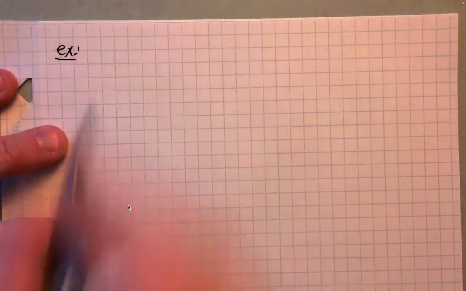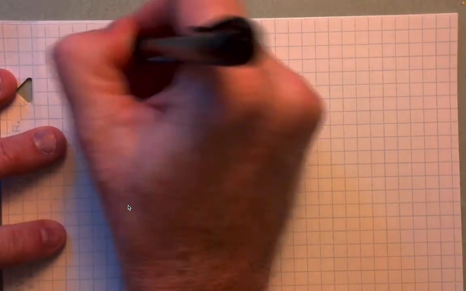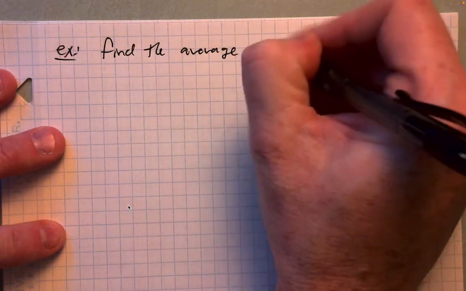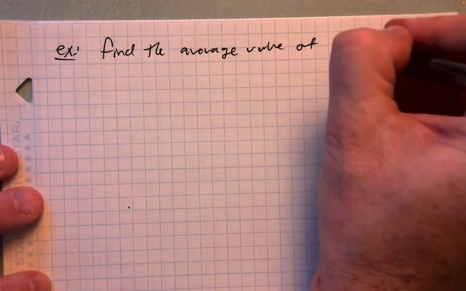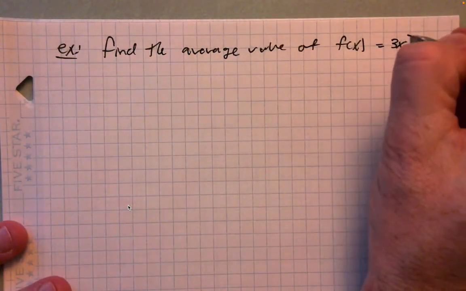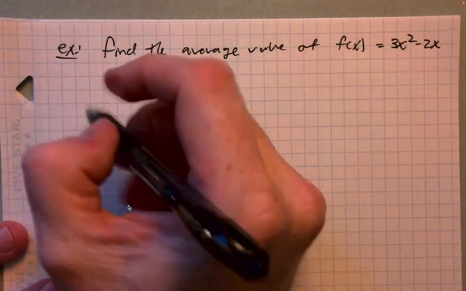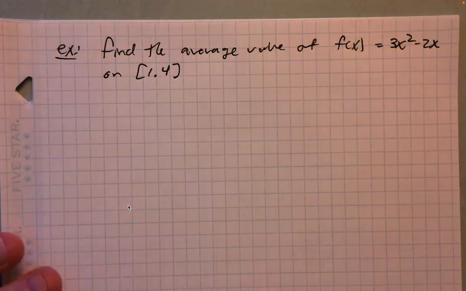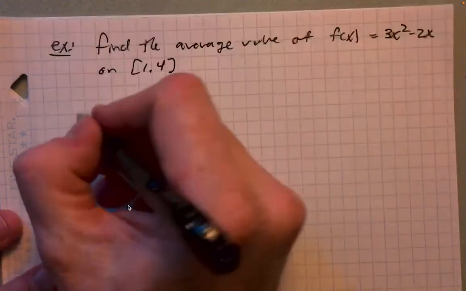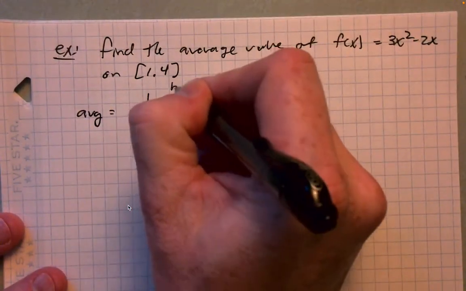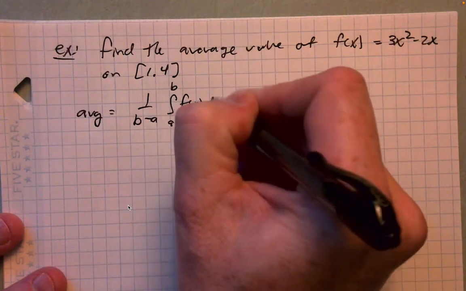So let's do a quick example. Let's find the average value of f of x equals 3x squared minus 2x on the interval 1 to 4. We know the average has the form 1 over b minus a times the integral from a to b of f of x dx.